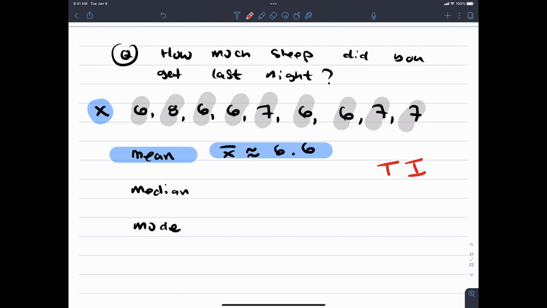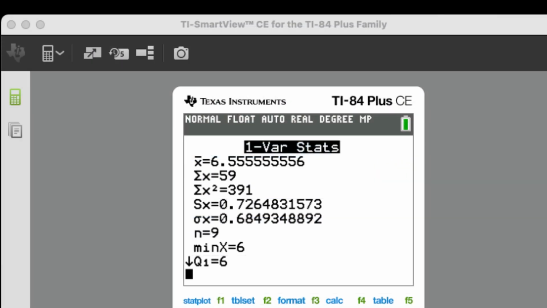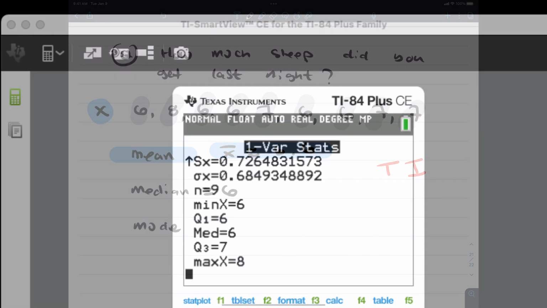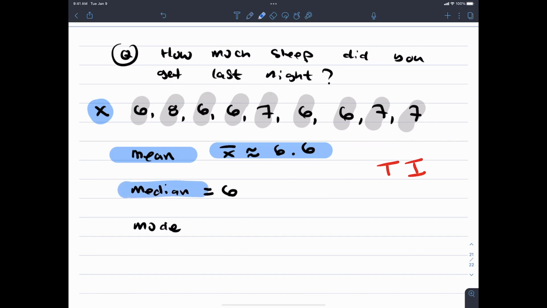The answer is yes. Scroll down. Do you guys see a word called Med? You know what that's short for? Median. So what's the median going to be here? What does it equal? 6. So ladies and gentlemen, the TI just gave you the median.